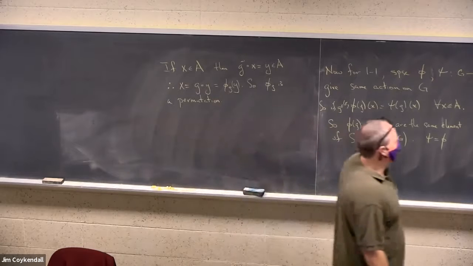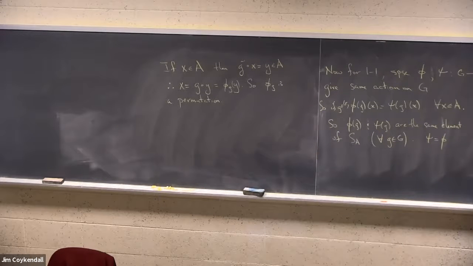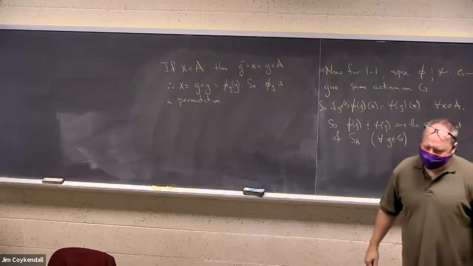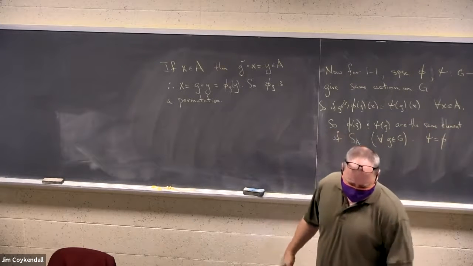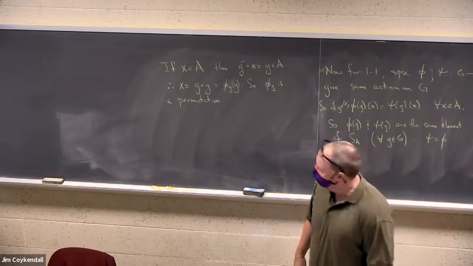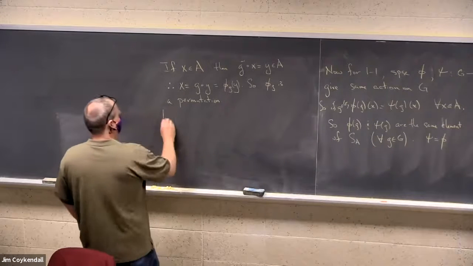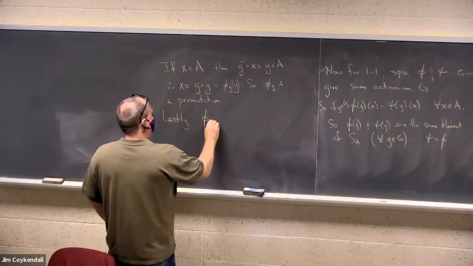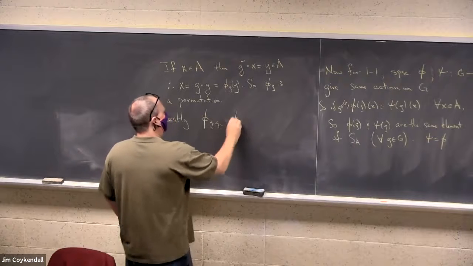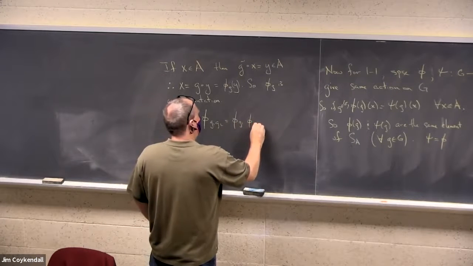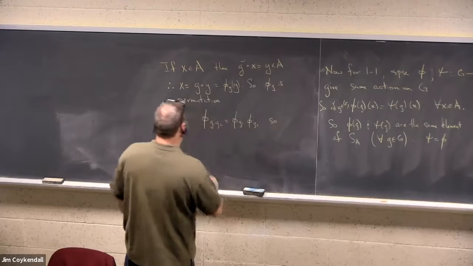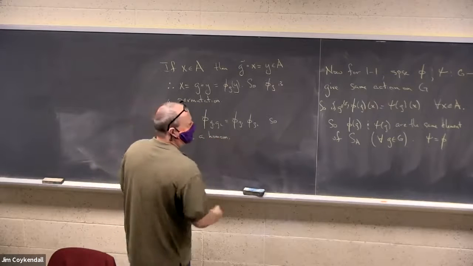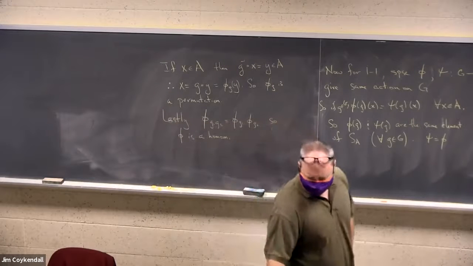So in other words, this phi sub G you end up with is an honest to goodness permutation in SA. And finally, I'll let you check this is psi of G1 G2 equals psi G1 psi G2. And so there you go. It's onto as well.